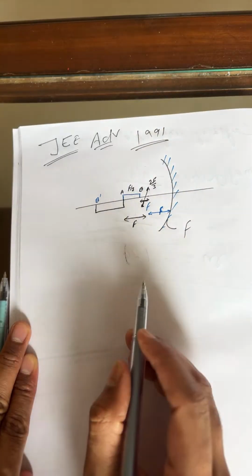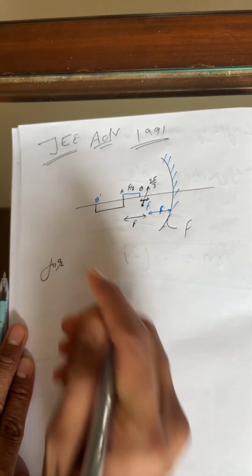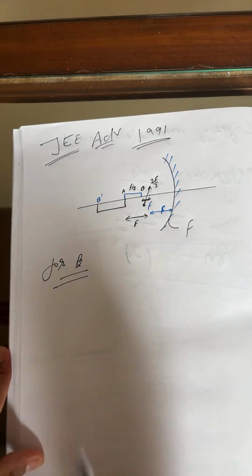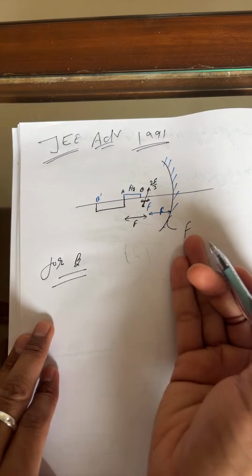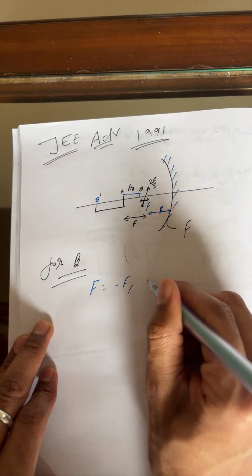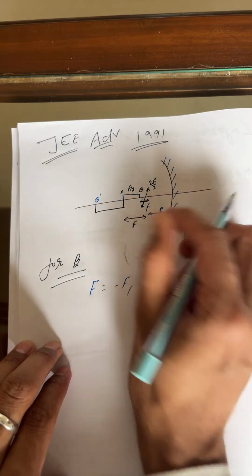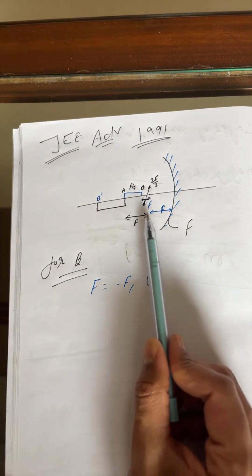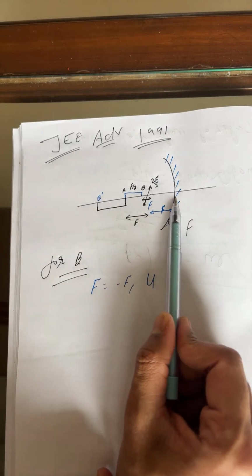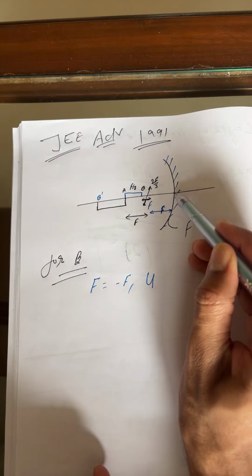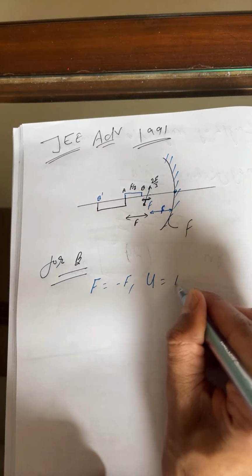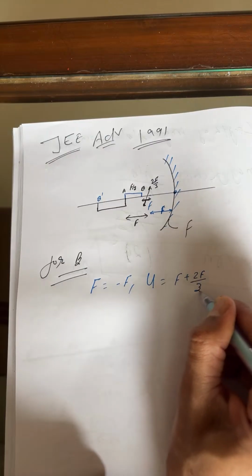So now I'm going to calculate the image distance for B. Since it is a concave mirror, the focal length is equal to minus F. For the object distance, everything is measured from the pole of the mirror, so the distance is F plus 2F by 3, which is 5F by 3.